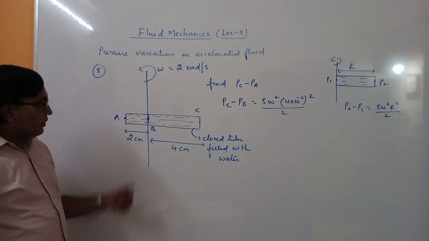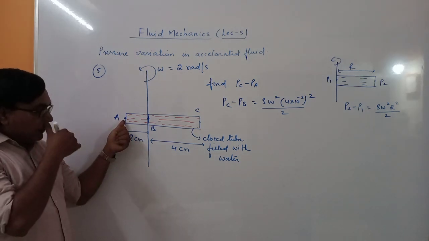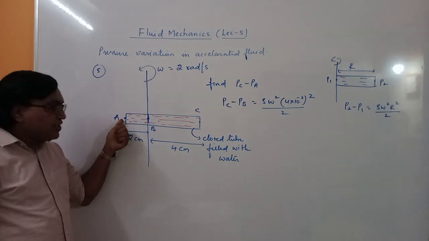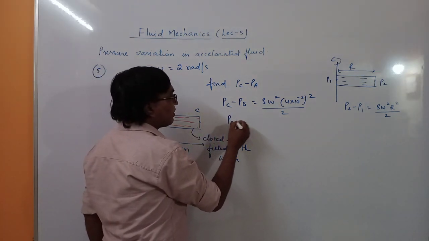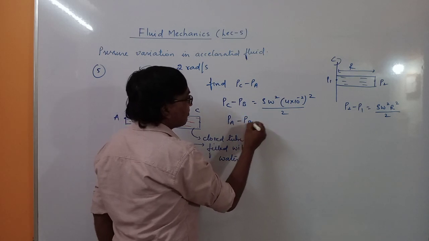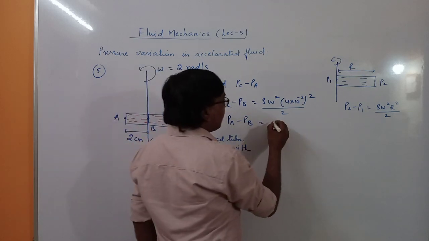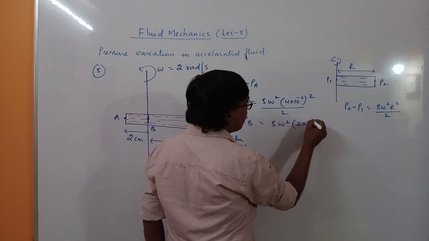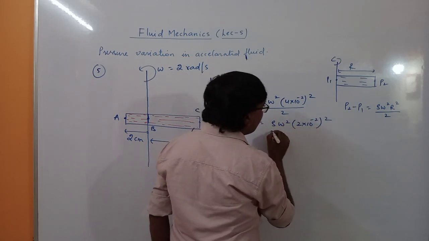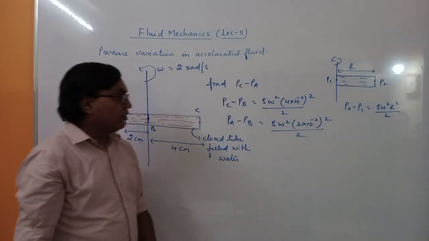Then similarly, we'll find PA minus PB. Pressure A is more than B. So PA minus PB will be equal to rho omega square into 2 into 10 raised to minus 2, whole square, by 2. Fine.